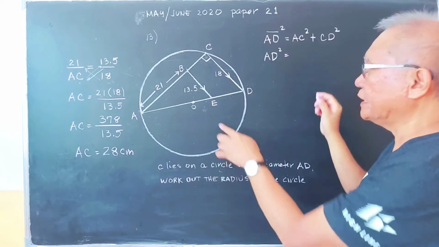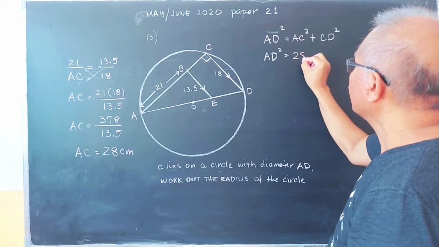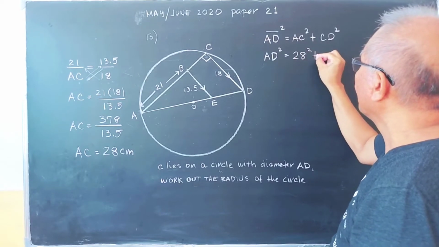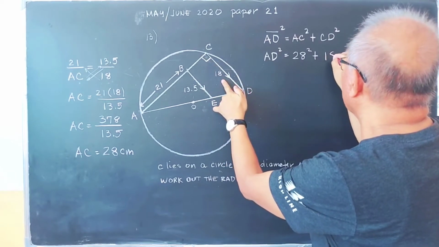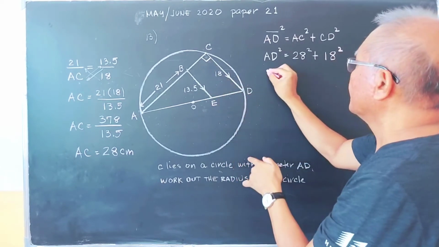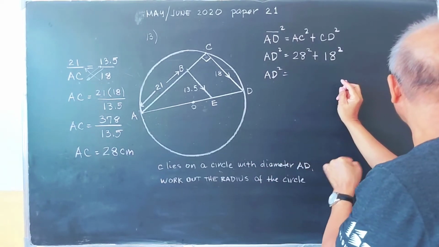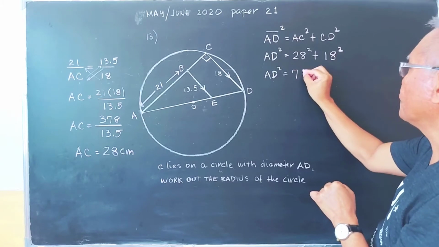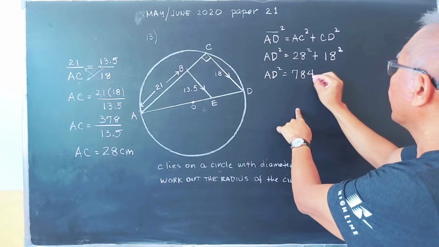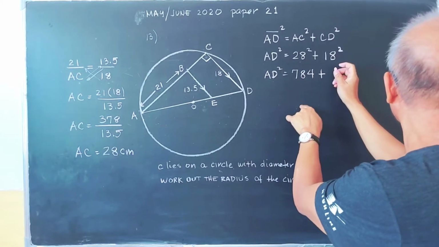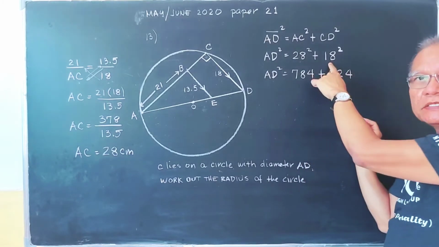AD squared equals 28 squared plus 18 squared. 28 squared is 784, plus 18 squared, which is 324.